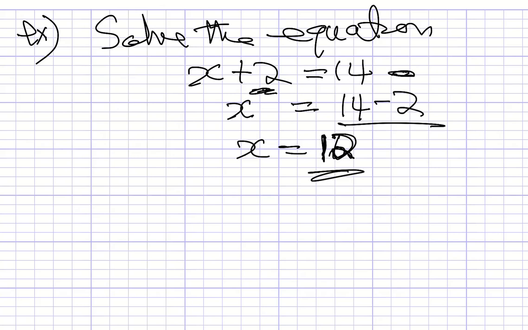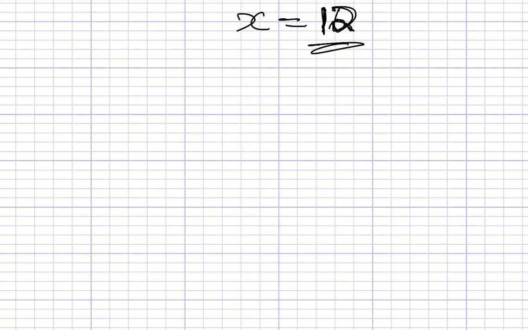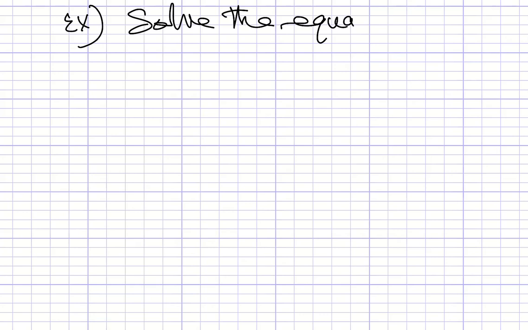Let me see what else I have for you. Suppose you do see this example. They say solve the equation 30 minus x over 6. Alright. See, you don't see it as equation because of the way it's written.